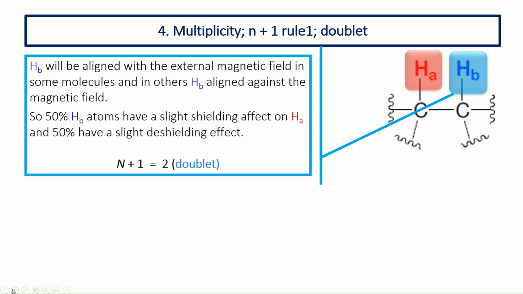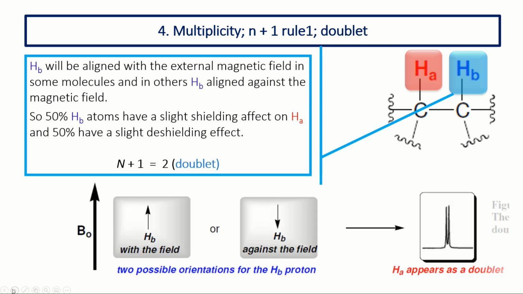HB can align with the external field in some molecules, and in other molecules, HB is aligned against the magnetic field. So it's a 50-50 split, against and with the magnetic field, and so we end up with a 50-50 peak, i.e. an n+1, 1 proton plus 1 equals a doublet.